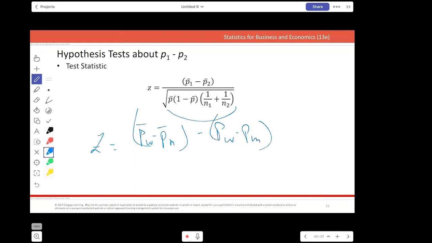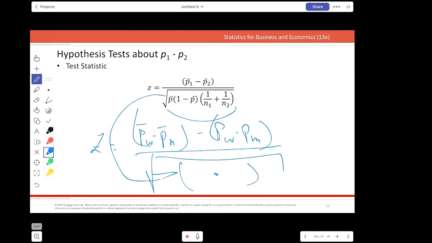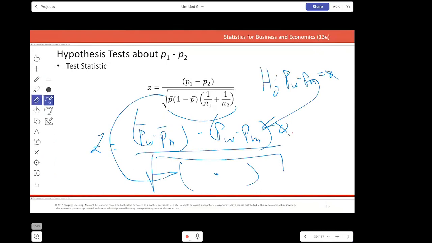That's population, so sample minus population, over the standard error, which is this piece that we have up here. But in H0, we will be saying PW minus PM is equal to 0. If PW minus PM is equal to 0 from the null hypothesis, then we could get rid of it.